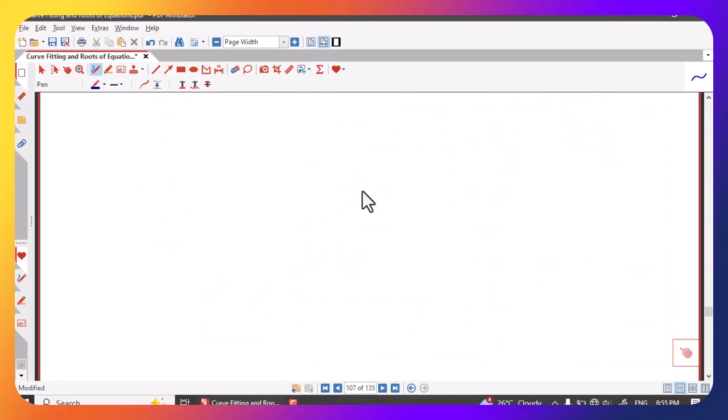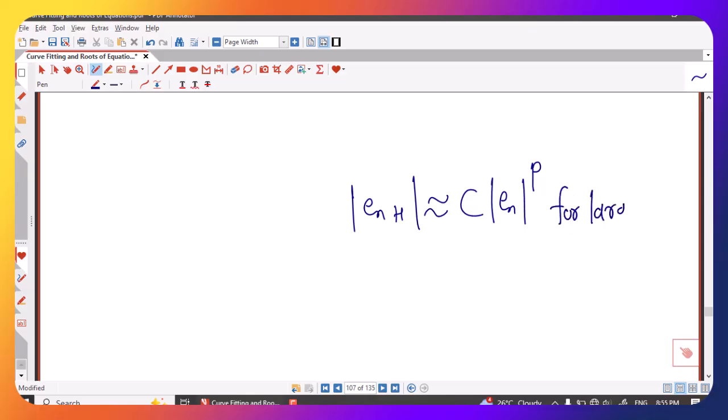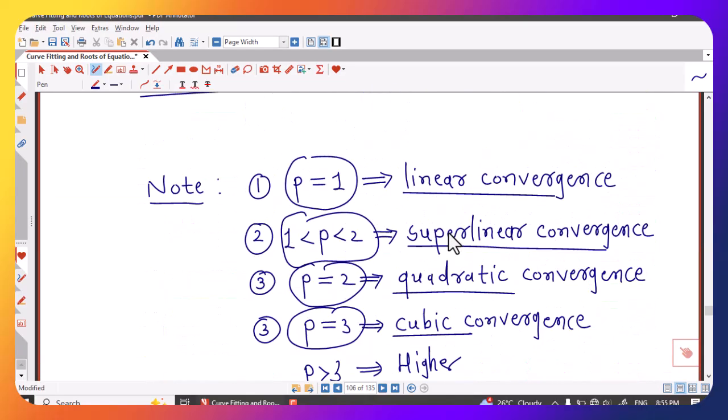But we will remember that if the absolute value of e(n+1) is approximately equal to some positive constant times the pth power of the absolute value of en for large n, or as n tends to infinity, then this p is called the order of convergence and this c is called the rate constant or asymptotic error constant. And they can ask you to define order of convergence.